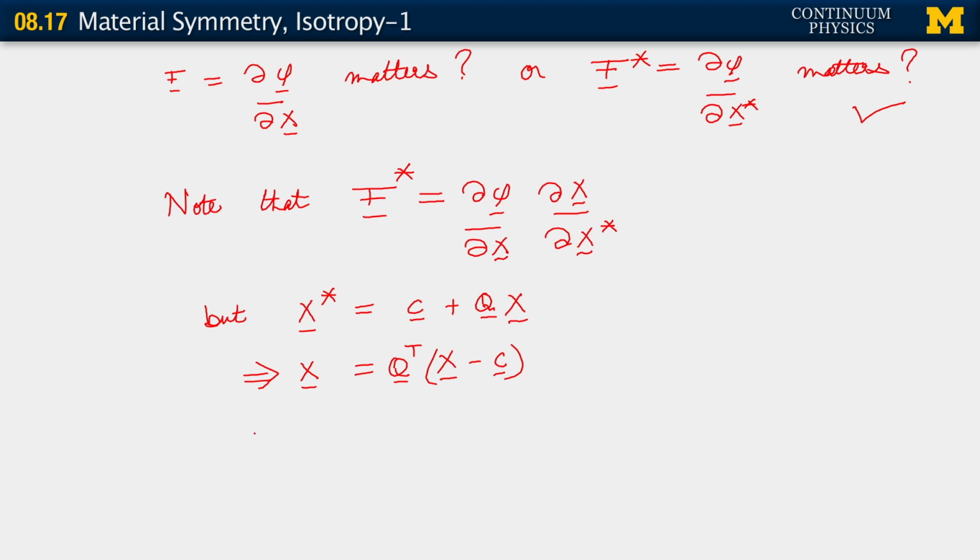What this gives us then is that partial of x with respect to x star equals q transpose. So finally we get F star equals F q transpose.